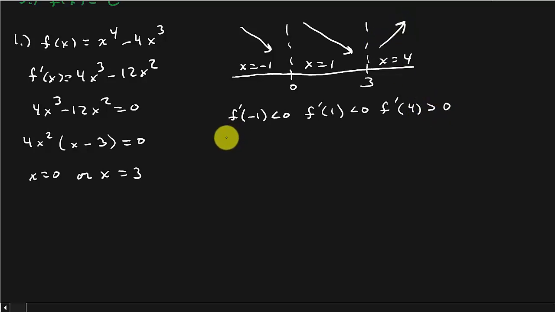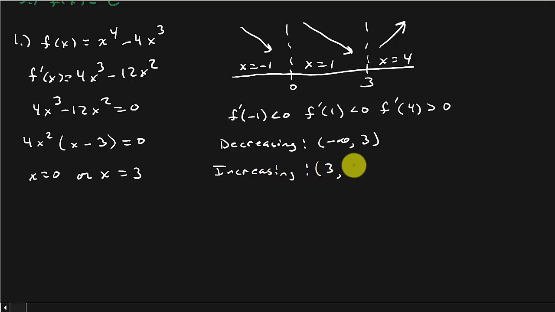And so we can see that this thing is decreasing from -infinity to 3, and it is increasing from 3 to infinity. So there's my increasing and decreasing. All right, so now we're looking for what? Local max and min.